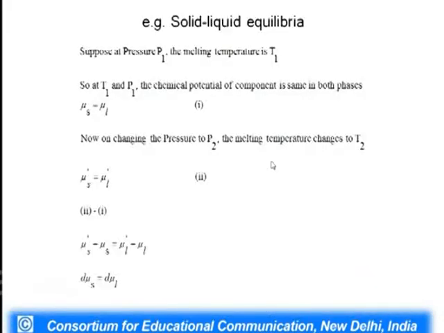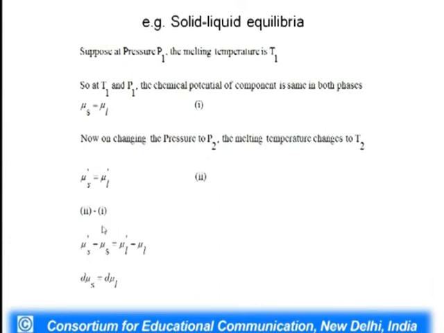Since pressure changes, chemical potential has changed, it has become different from mu s, and that is why we are writing mu s dash. But chemical potential of solid and liquid is equal at that temperature and pressure. Again at T2 and P2, chemical potential of solid equals that of liquid. So, if I deduct this, what you will get?